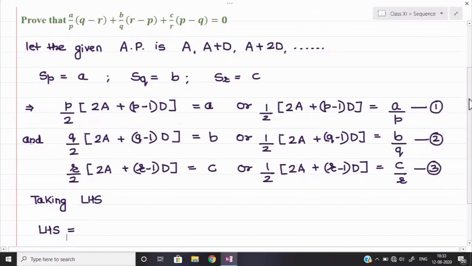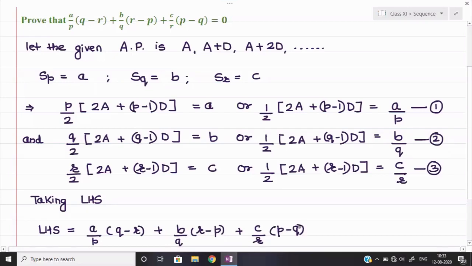I will copy the same LHS first: a upon p into the bracket q minus r, plus b upon q into r minus p, and the last one is c upon r into the bracket p minus q.